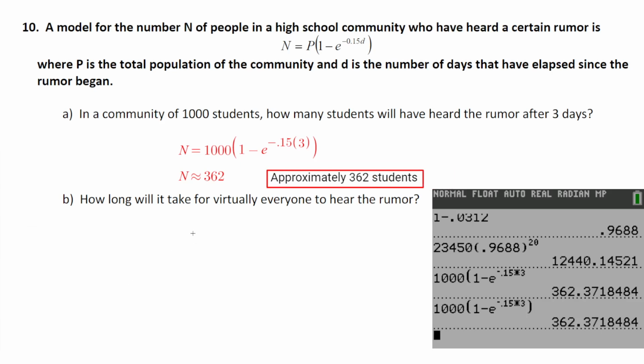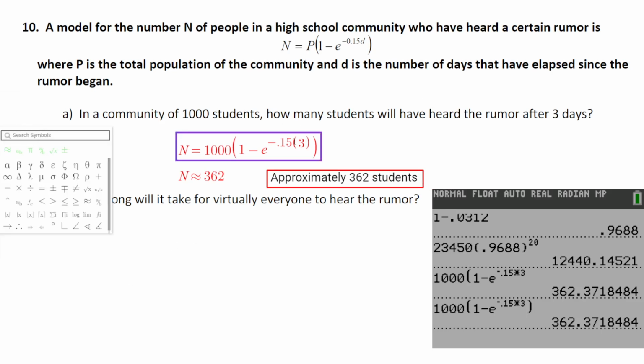How long will it take for virtually everyone to hear the rumor? Okay, so we're not going to say when does everyone hear the rumor. We're going to say when does mostly everyone hear the rumor. So I think we have a little bit of leeway as far as how we want to answer this question, because I don't think this will ever get to 1,000, but it'll get pretty close.